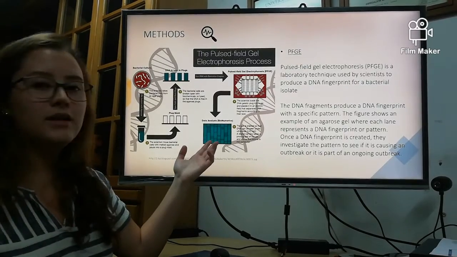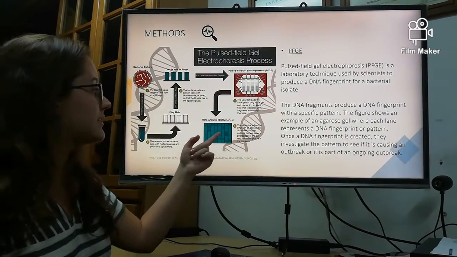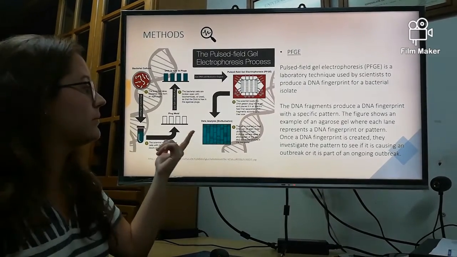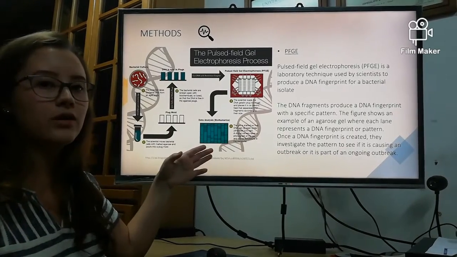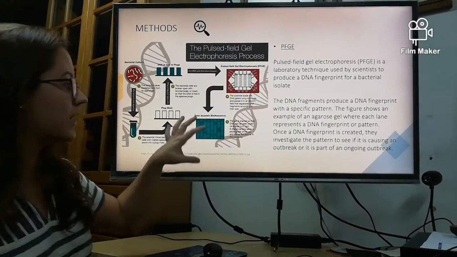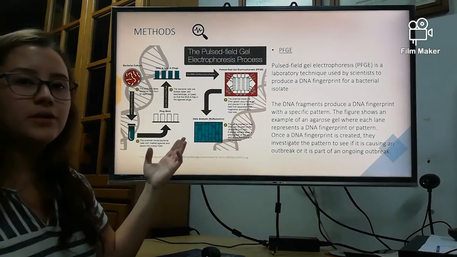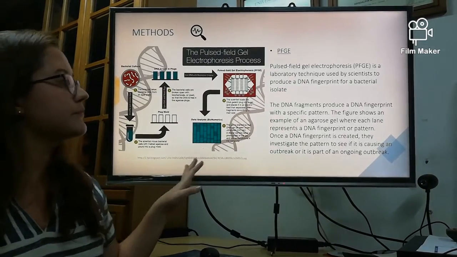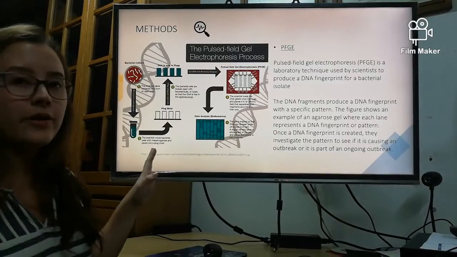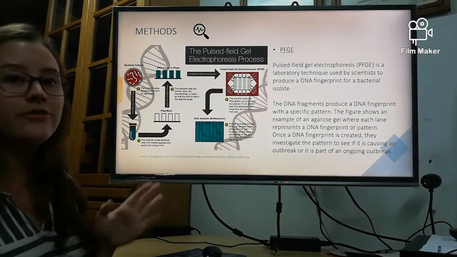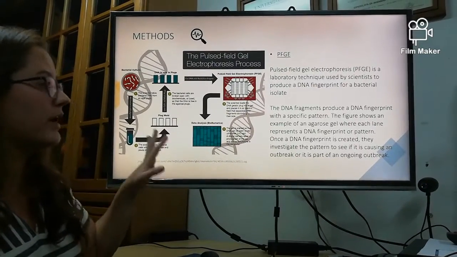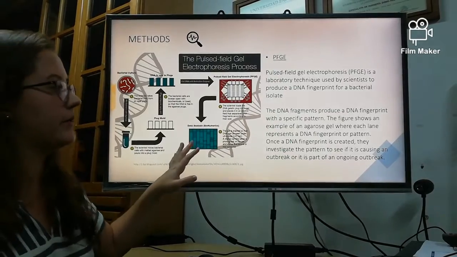And finally, the gel is stained so that the DNA can be seen under ultraviolet light. A digital camera takes a photograph of the gel and stores the picture in a computer. The DNA fragments produce a DNA fingerprint with a specific pattern.